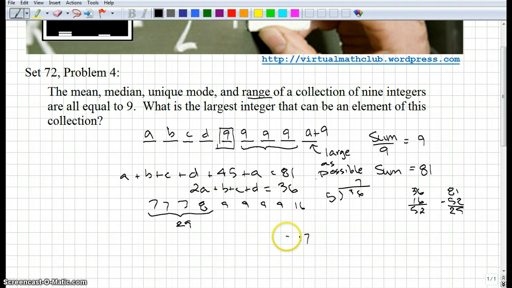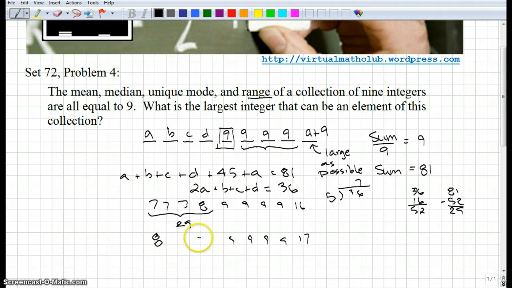Okay, now these would have to be 9, 9, 9, 9. Okay, there's our median. Now, in order to get a range of 9, the lowest one would have to be 8. My pen is acting weird. And that would mean all these numbers have to be between 8 and 9.